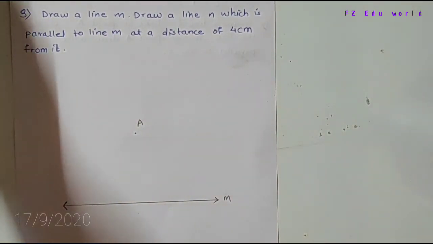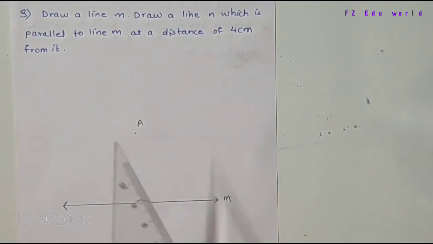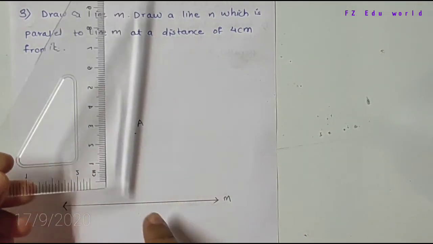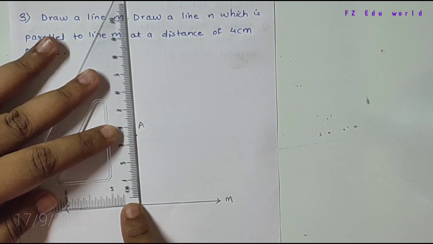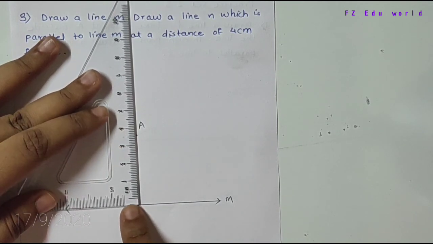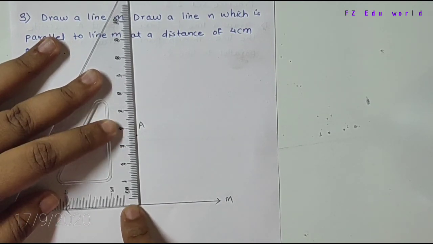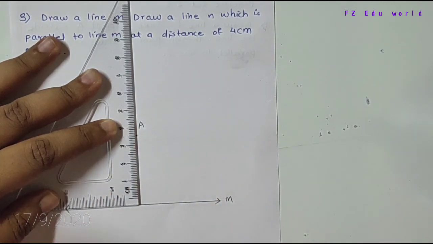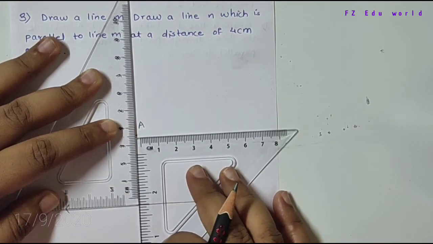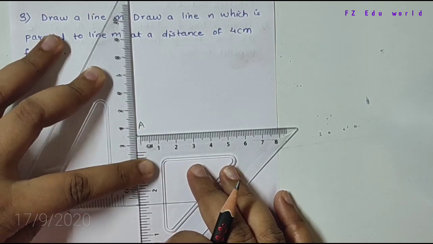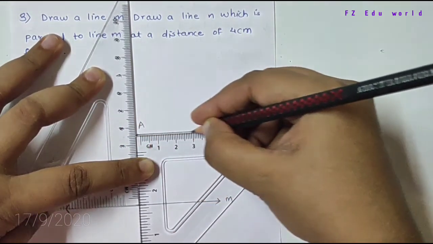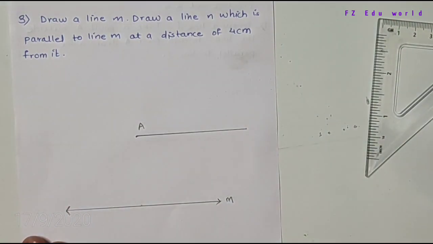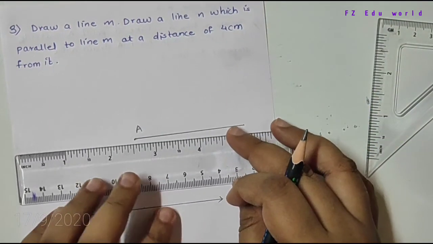Now by using this set square, I am keeping this set square here. You can see, on this line and this point. Then another one, and drawing a line, then extending this line with a scale.